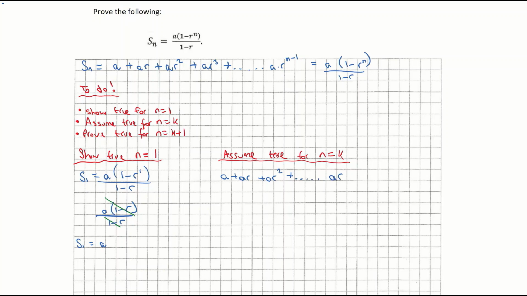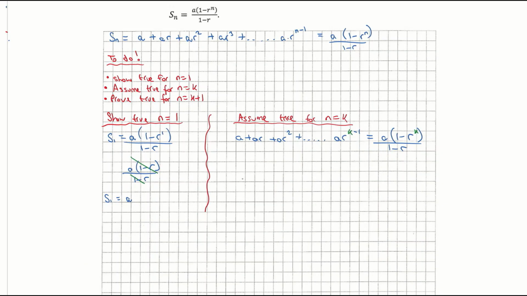Now n, I'm going to substitute in with a k, so k minus 1. And I'm assuming that that is the same as A times 1 minus R to the power of n, which is now a k, all over 1 minus R. So I'm assuming that that is true.